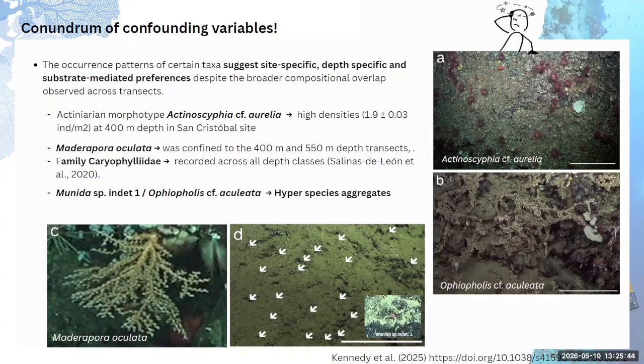And we also observed that Madrepora oculata, the scleractinian structure-forming coral, was only confined to 400 to 550 meter depth transects. Below that, we couldn't observe any Madrepora oculata coral, and it also overlaps with the observations by Salinas de León et al. in 2020 in the Galapagos archipelago.